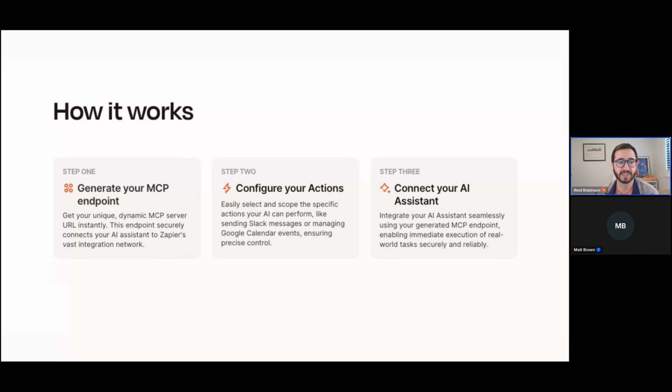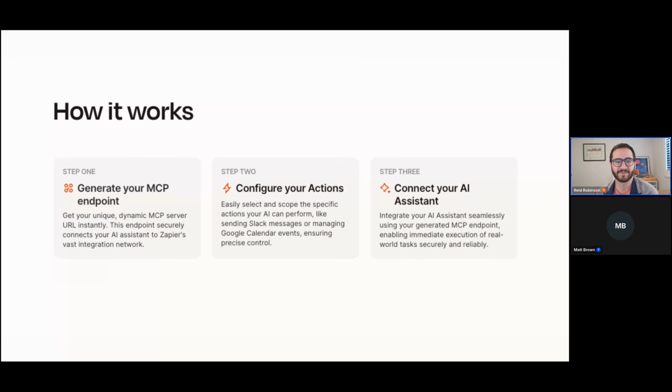But how this works is quite straightforward. Number one, you're going to generate your MCP server endpoint. And I'll walk through exactly a concise demo on how to do this so you understand, but it's really mcp.zapier.com. Pretty easy to remember.